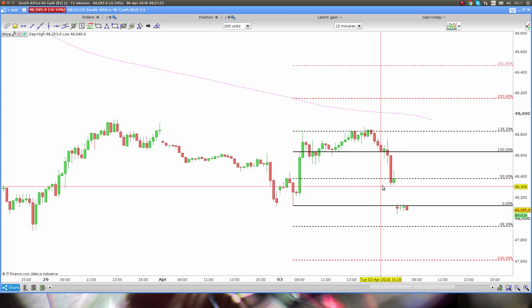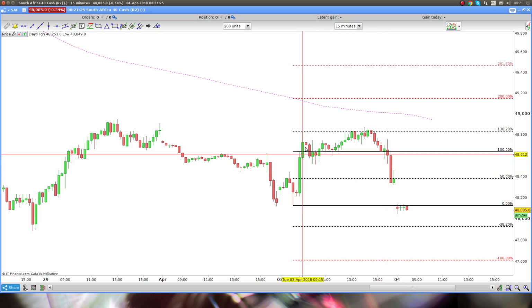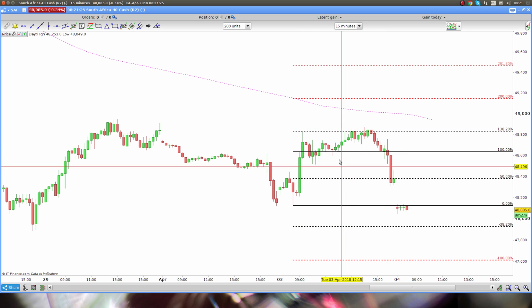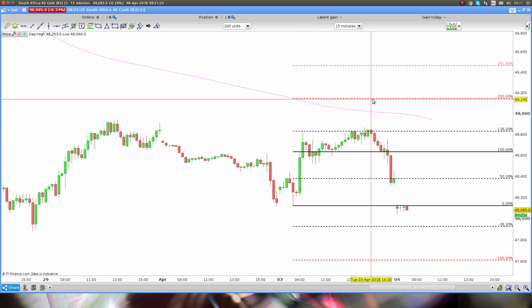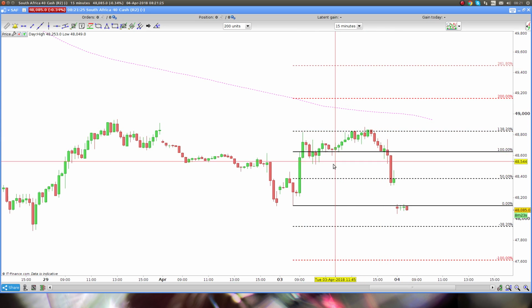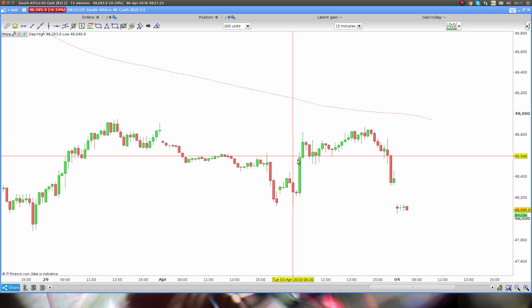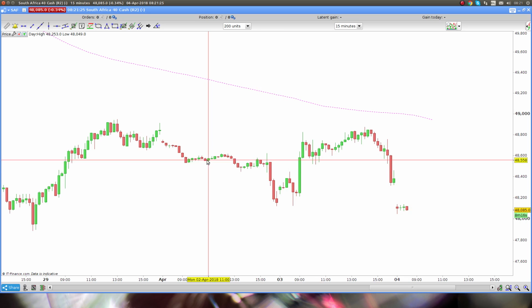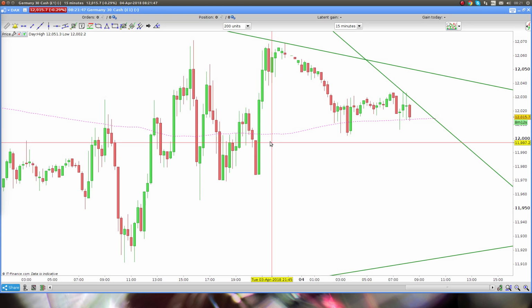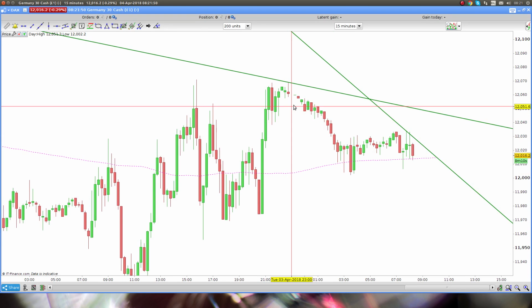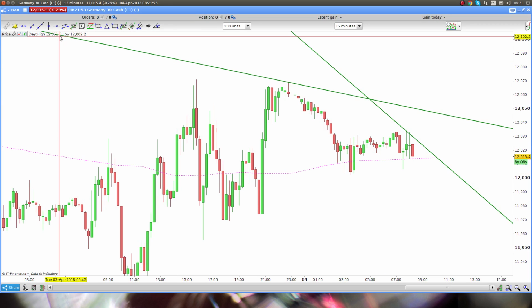Okay, so there's the range, and you trade the breakout to the upside, and most of the time this is your first target, this is your second target, this is your third target. That's the one range, on the South African market. On the European market, you can either trade the first hour as the range. So let us go back here.